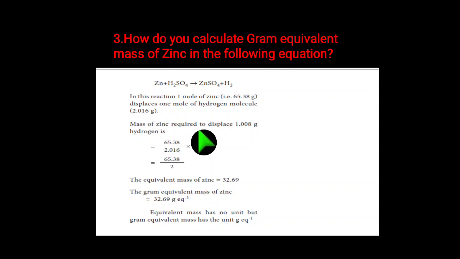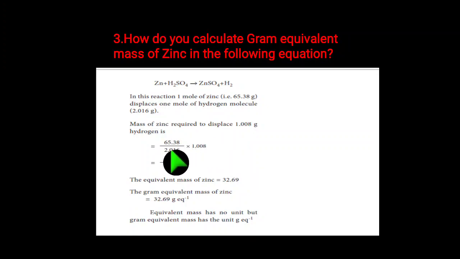Mass of zinc required to displace 1.008 gram of hydrogen: how to write it? The zinc atomic mass 65.38 divided by 2.016.